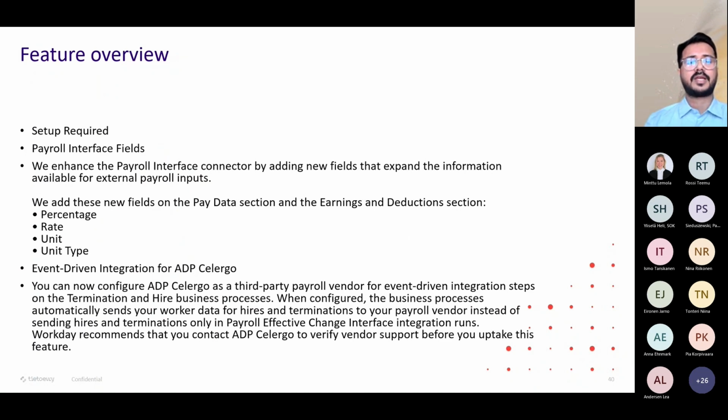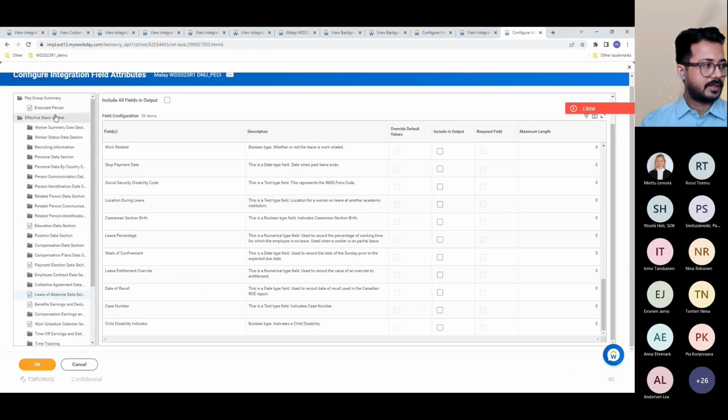So this is payroll interface fields, and we have added a new pay data section under the earnings and deduction section, that is percentage, rate, unit type. To see this, you will go under the field section, and we will have to configure all these values.